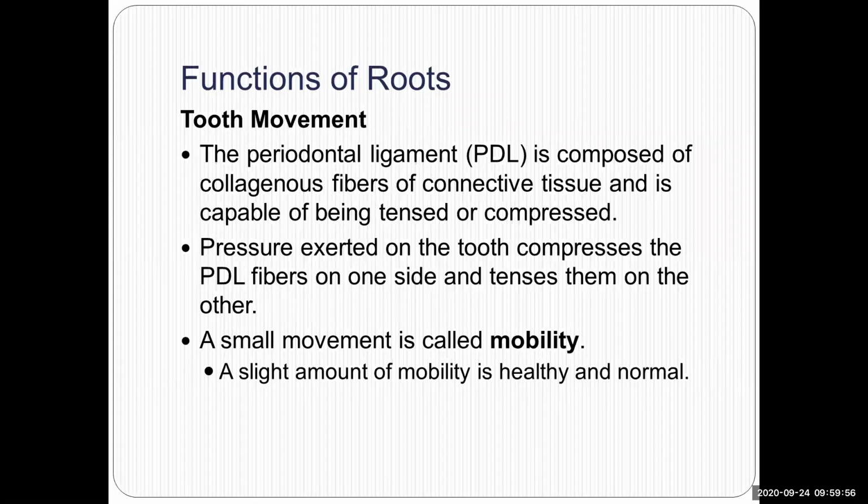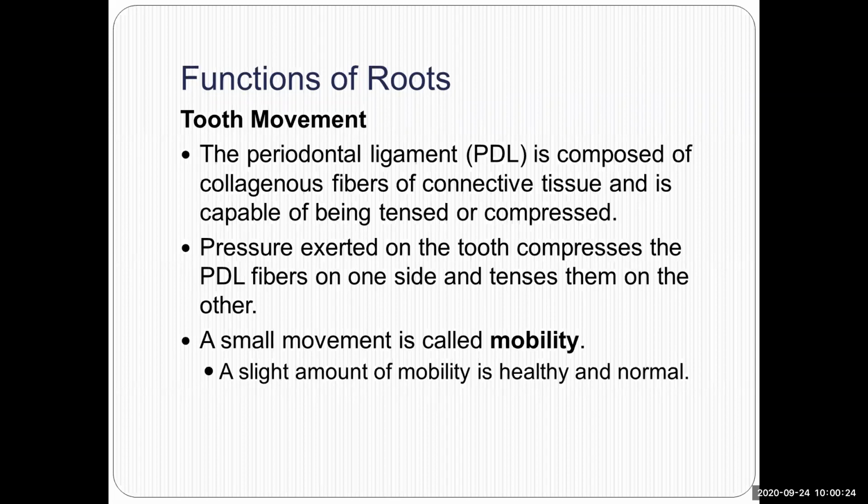So the PDL, or periodontal ligament, is composed of collagenous fibers of connective tissue. The periodontal ligaments are connective tissue, and it's capable of being tensed and compressed. It's got some stretching and compressing capabilities similar to elastic. The pressure exerted on the tooth compresses the PDL on one side and tenses it on the other.